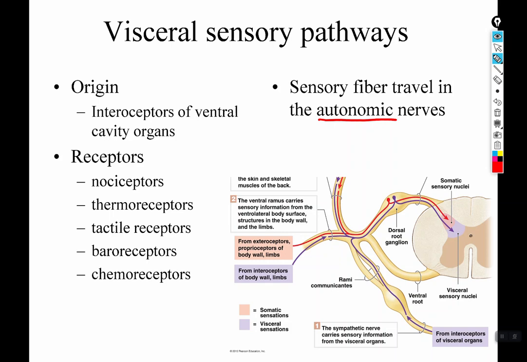So again, since these two things are very close to each other, if I have a visceral organ pain, that might leak over action potential wise or neurotransmitter wise to the neighboring somatic sensory nucleus, resulting in me perceiving pain where it is not.